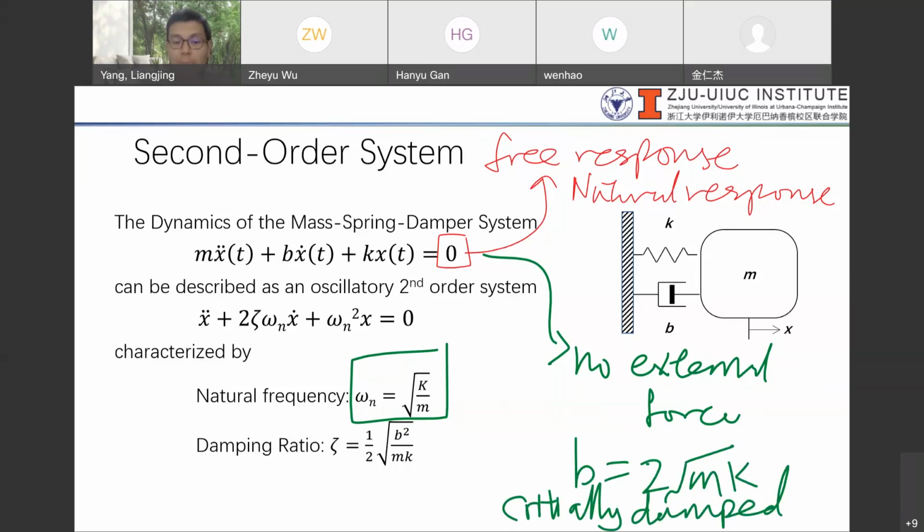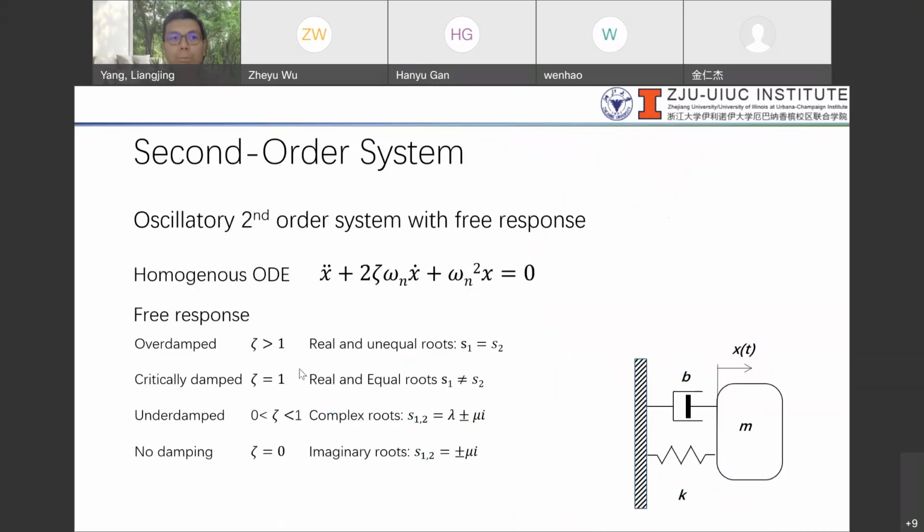And so we can work out the damping ratio. If this damping ratio is equal to this value, it will actually be critically damped. So in free response, we already did this just now, just to summarize.